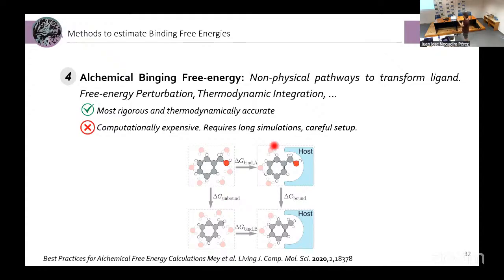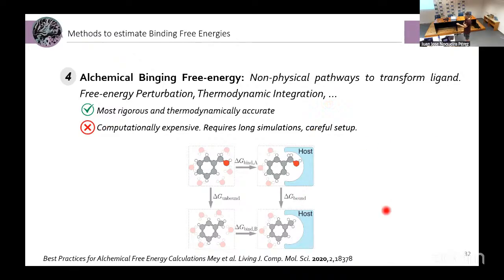So what we are going to do with these methods is basically mutate this molecule into this molecule in order to define a thermodynamic cycle that will allow us to calculate the binding free energy. Okay, so this is what we are going to see. These methods are super rigorous and thermodynamically accurate, but also computationally quite expensive, though less expensive than enhanced sampling.